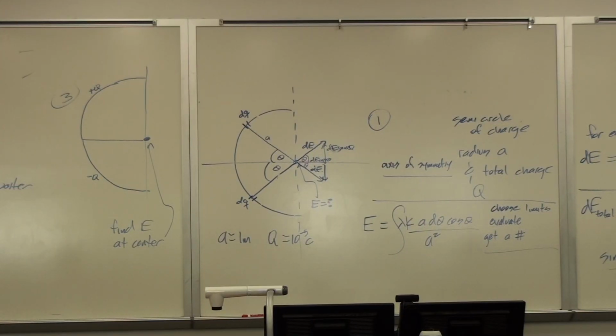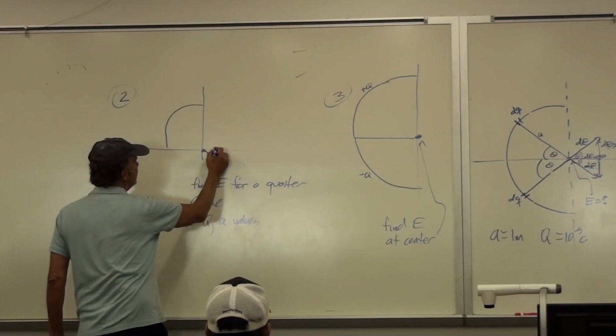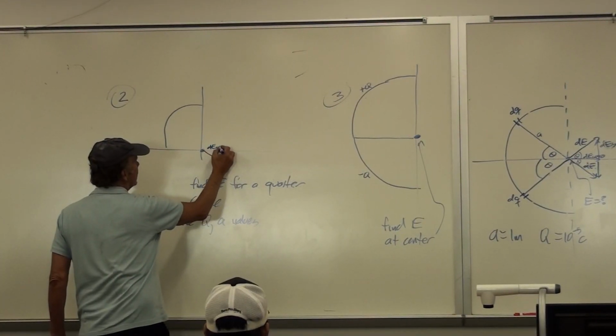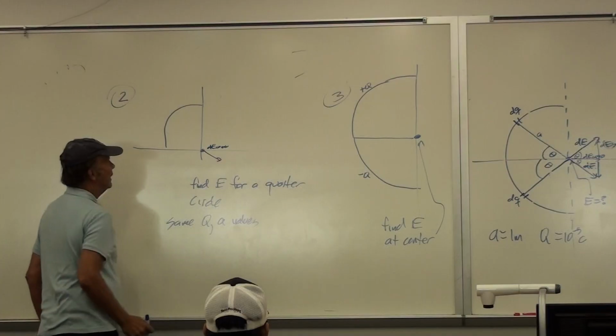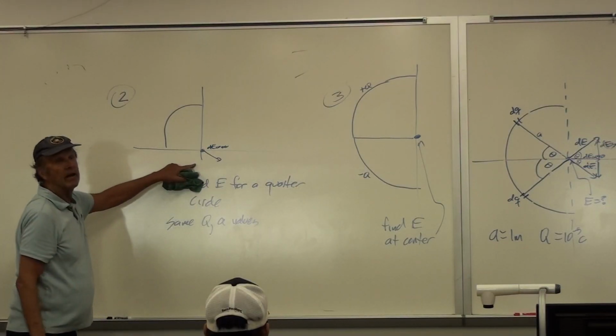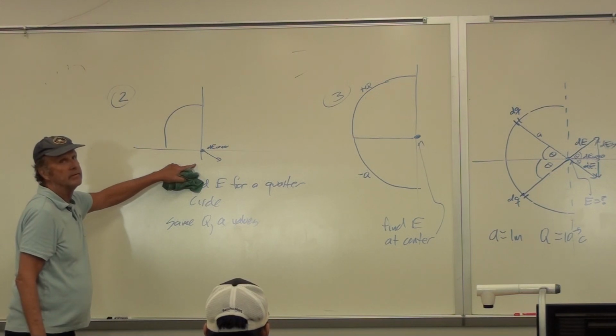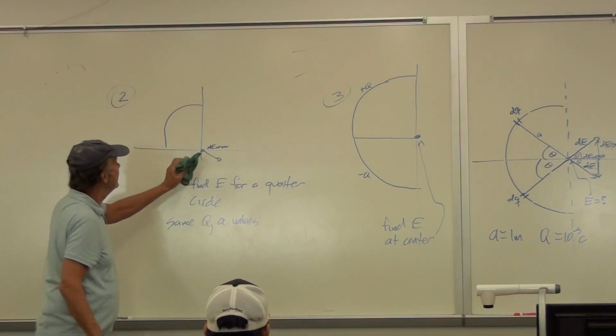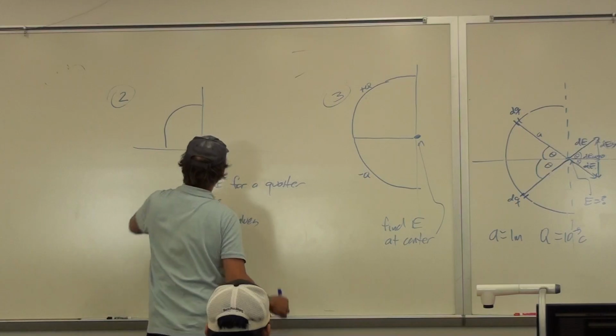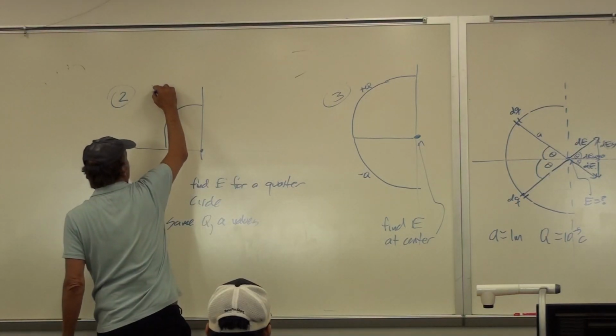It doesn't cut anything in half, and because I'm going to have unbalanced components, I'm going to have a dE cosine theta component that's going to add up. I'm going to have a dE sine theta component that's going to add up. So I've got to do two different ones. But I don't want to do that. I'd rather make this problem simpler and not go to so much trouble.